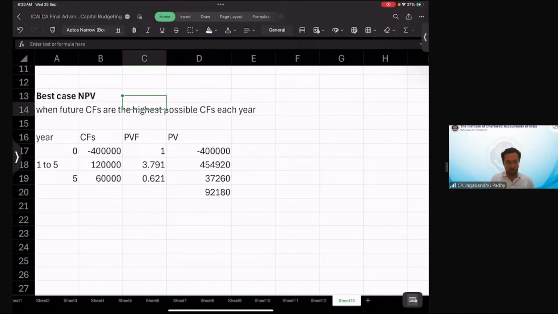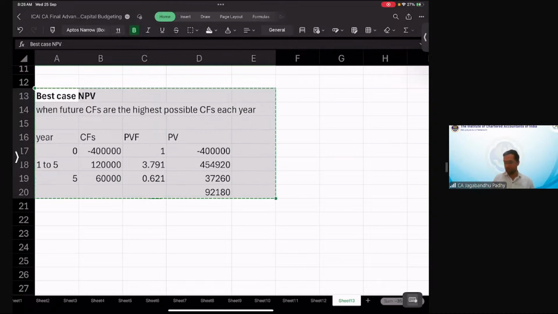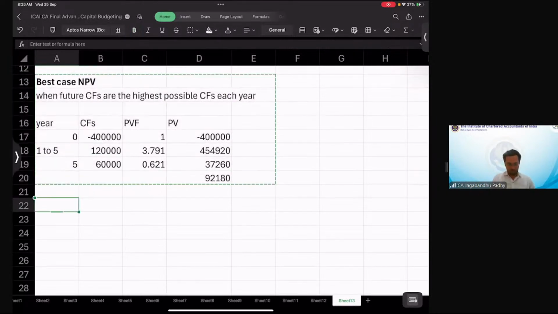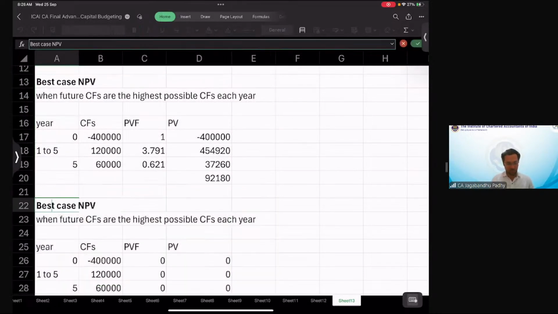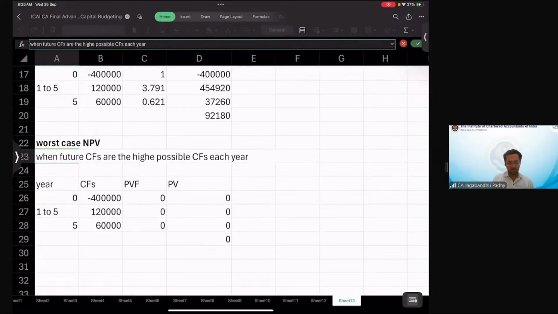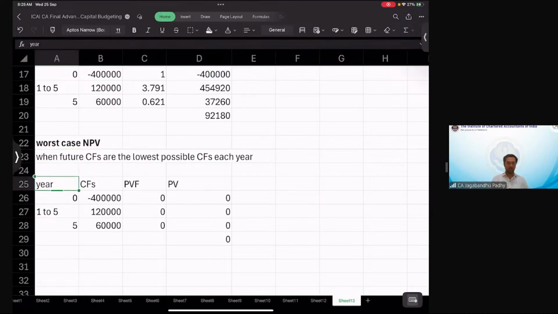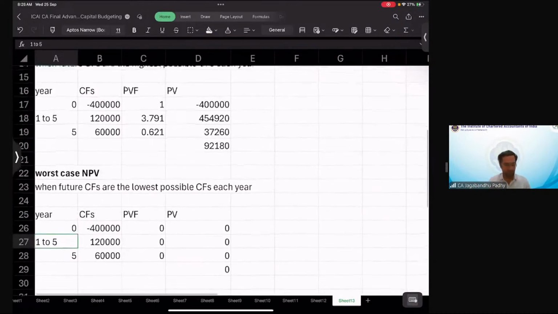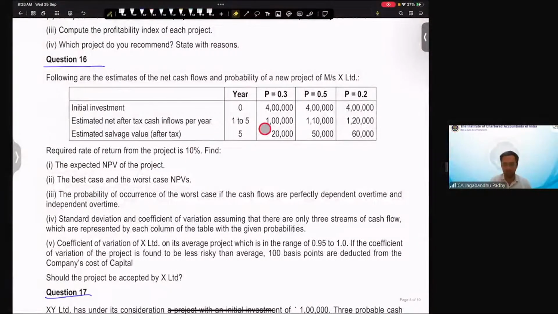Now, if we are talking about the worst case NPV, what's the change going to be? Then the future cash flows are the lowest possible cash flows each year. So every year, what's the amount of cash flow which is lowest possible? That's 1 lakh, right?